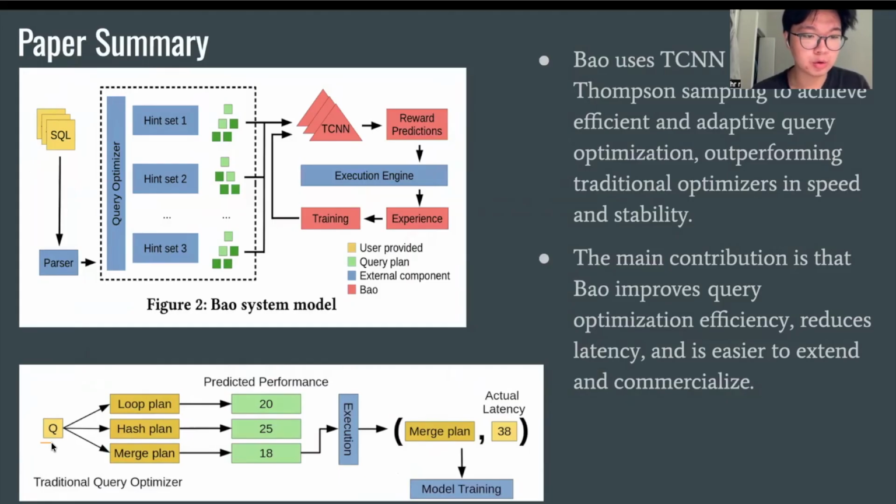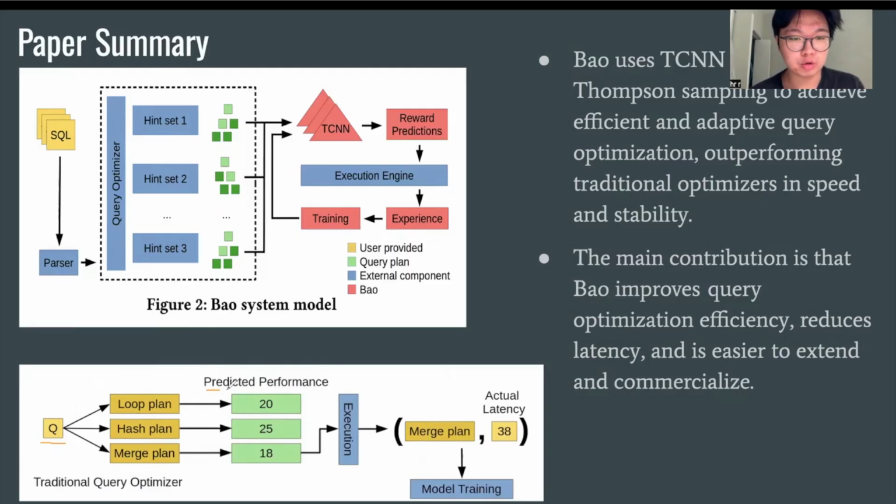First, it takes in a SQL query. After that, it gives some hints for the SQL. For example, if the SQL says we need to use a join, the hint will say we can change it into a loop join, hash join, or merge join.